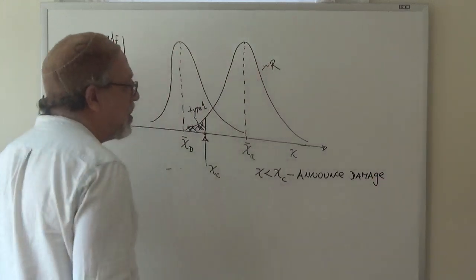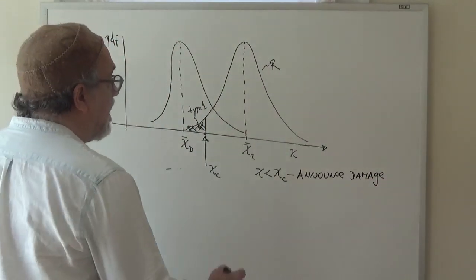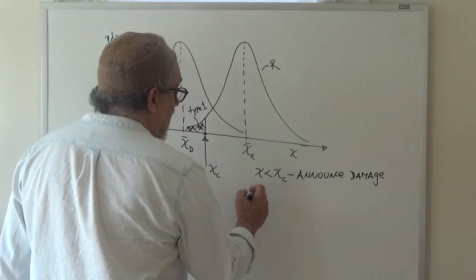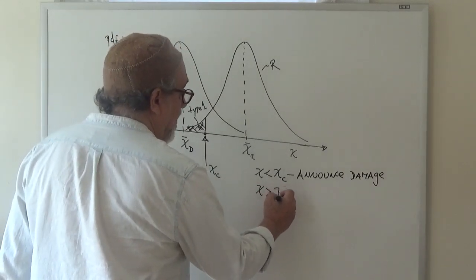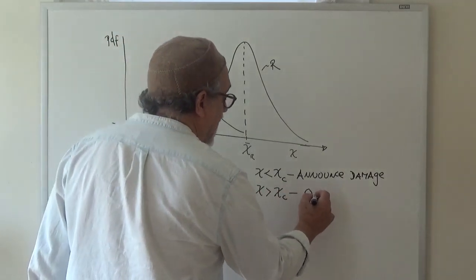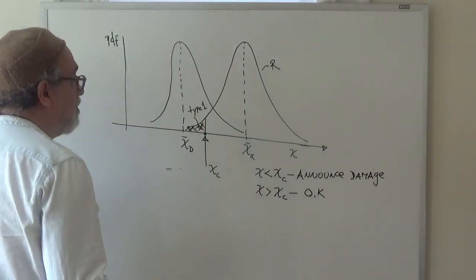We would announce damage, and that if x is greater than xc, we would say the system is in the reference state.